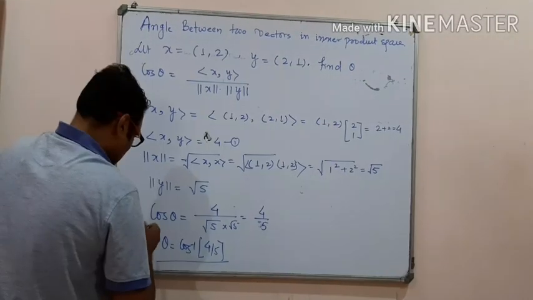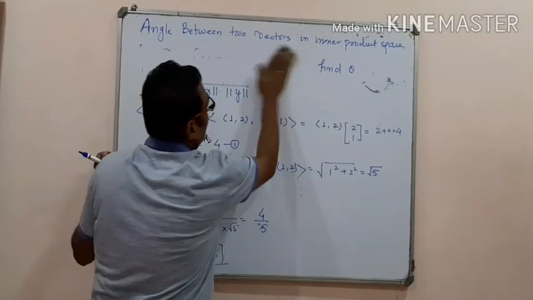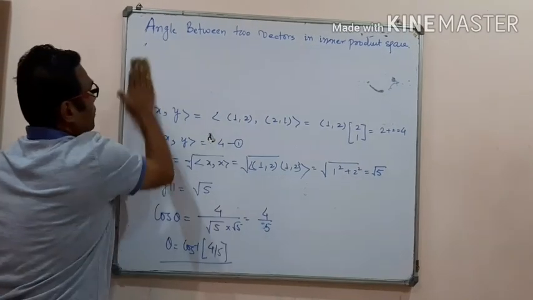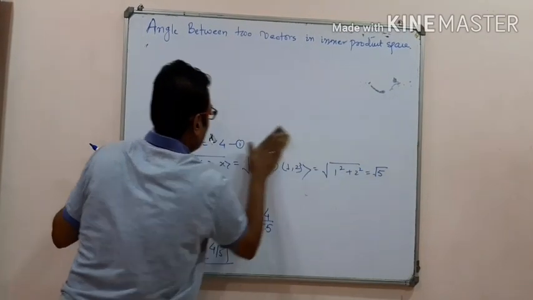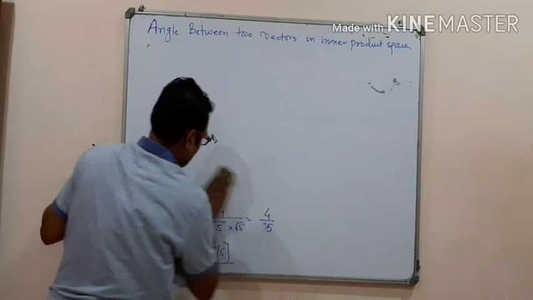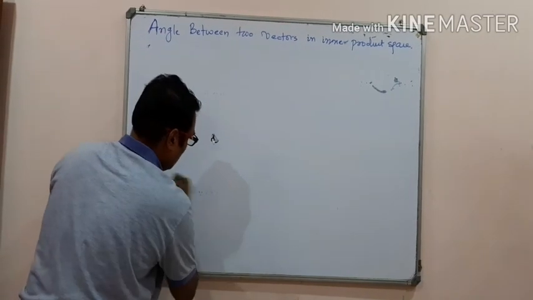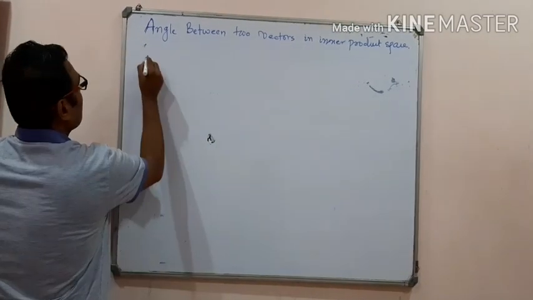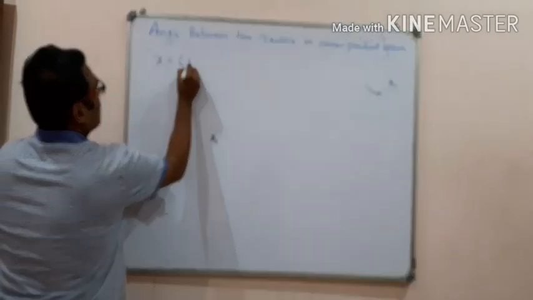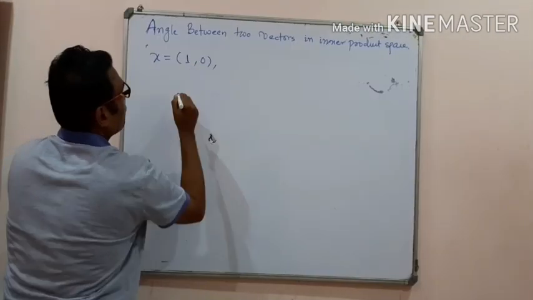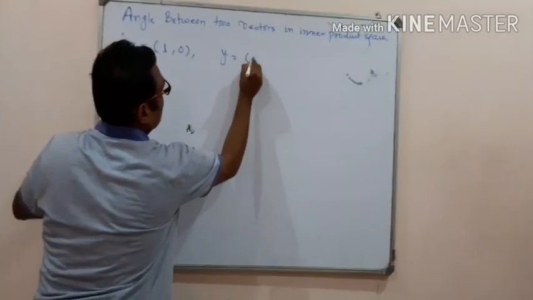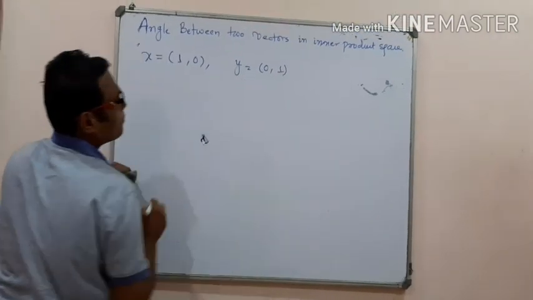Now we consider the second example related to this topic. Suppose x is (1, 0) and y is (0, 1).